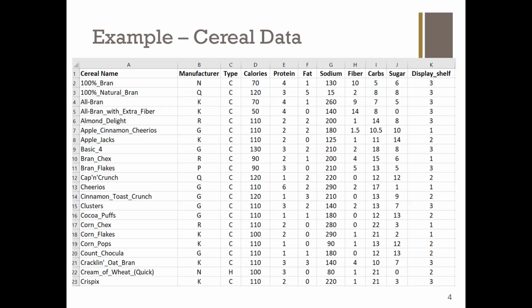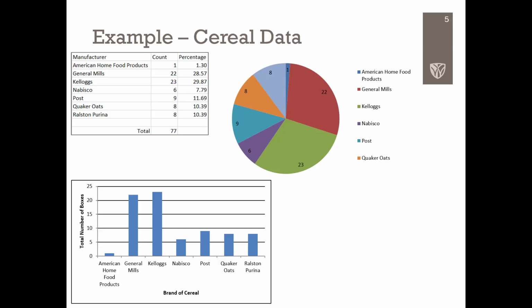And so if we wanted to create a frequency distribution, we could display that using a bar chart or a pie chart. Something like the characteristics of the number of calories or sodium or carbs, those are interval valued data, and those will be displayed using a histogram. So here you see the manufacturer.